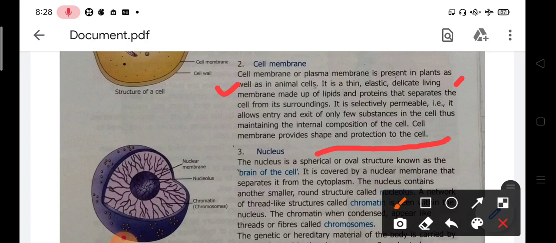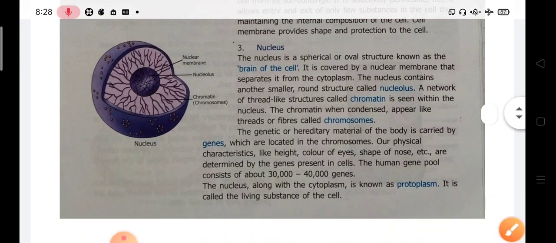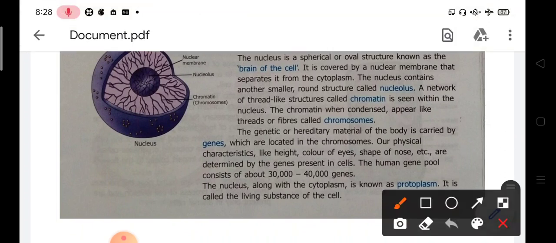Now next we talk about nucleus. Nucleus is what? It is a spherical or oval structure. Look at the diagram of the nucleus. It is a spherical or oval structure known as the brain of the cell. It is covered by nuclear membrane. The outer membrane surrounding the nucleus is called nuclear membrane, and it separates the nucleus from the cytoplasm.